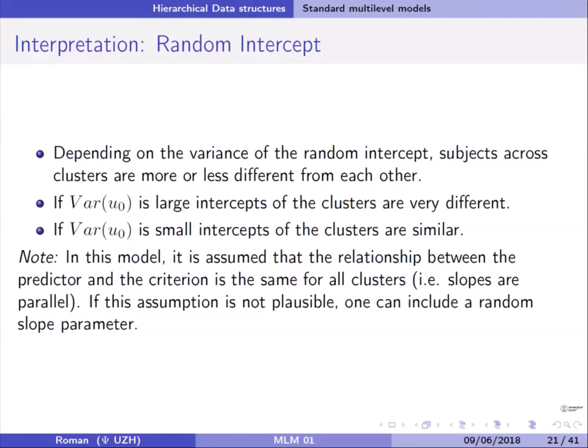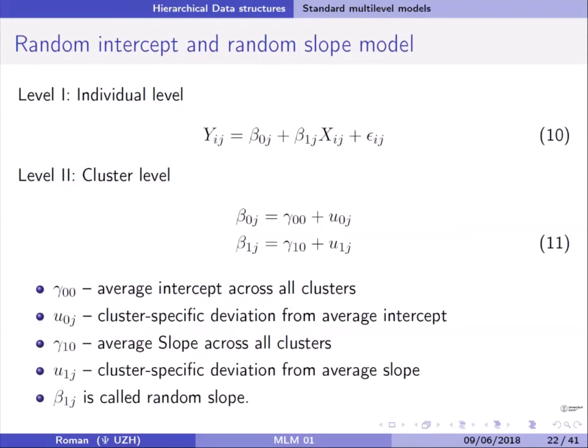If the variance of the random intercept is small, the intercepts of the clusters are similar. Now, in this model, it is assumed that the relationship between the predictor and the criterion is the same for all clusters. The slopes are parallel. If this assumption is not plausible, we can include a random slope parameter, which is what we'll get to next.